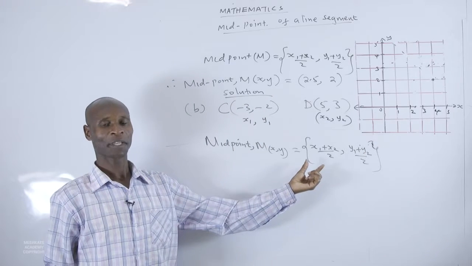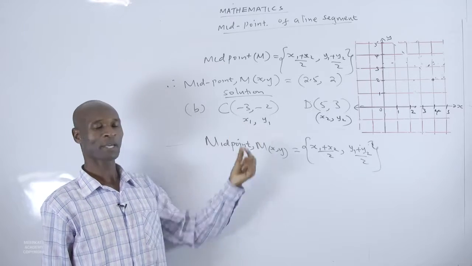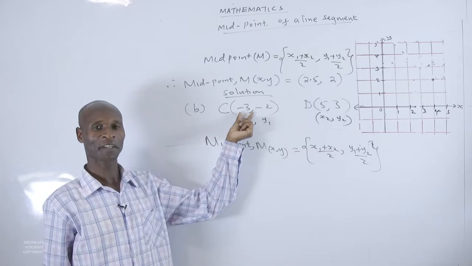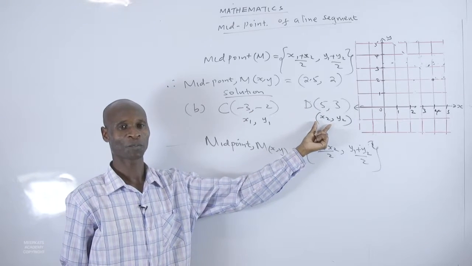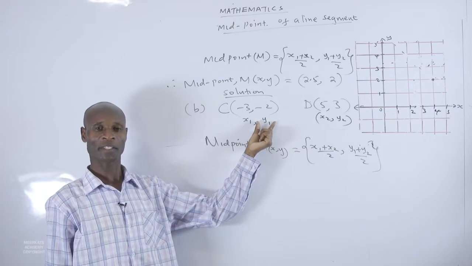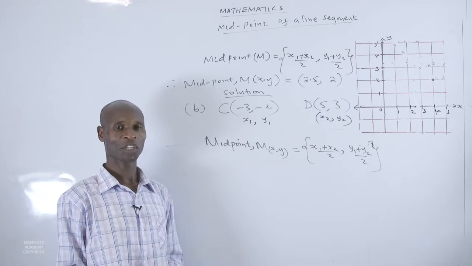Once we have written down the formula for getting midpoint, we now do the substitution. Where there is x1, we substitute -3, and where there is x2, we substitute 5. Similarly, where there is y1, we substitute -2, and where there is y2, we substitute 3.